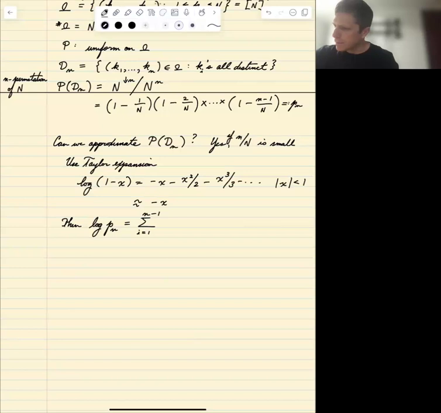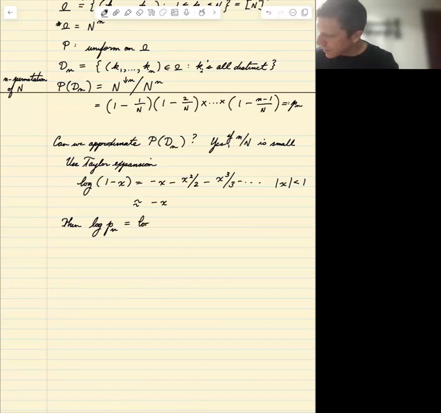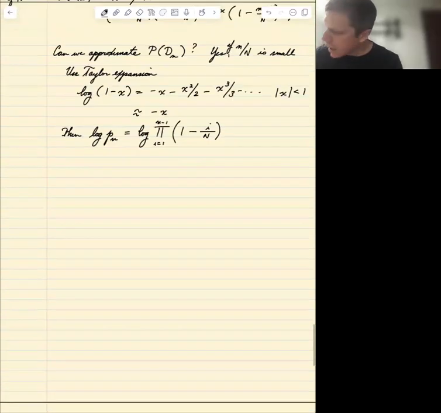The log of Pn starts as the log of this product from i equals 1 to n minus 1 of 1 minus i over N. The log of a product is the sum of the logs. That's why we take logs. They're nice to work with. The sum of the logs.